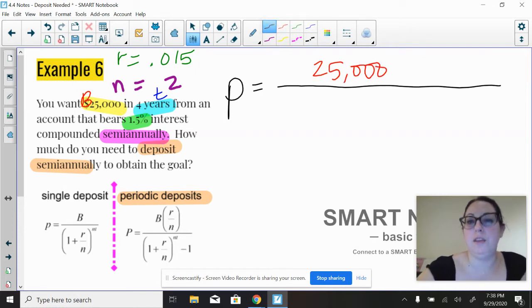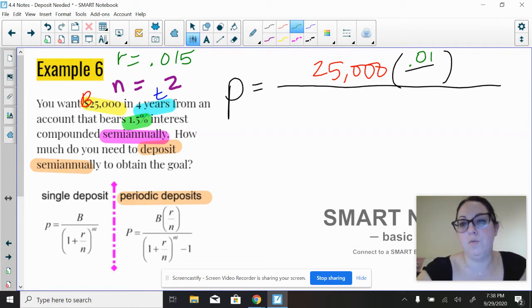And that is going to be multiplied by the rate divided by N. So the rate that we found, that 1.5%, is 0.015, and we are going to divide that by our N value of 2. That's the easy part of this fraction.